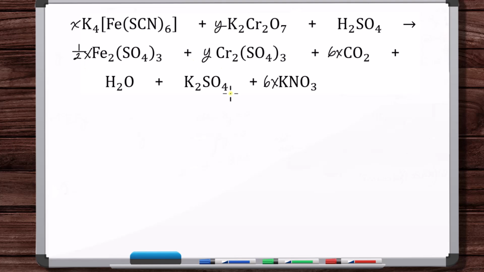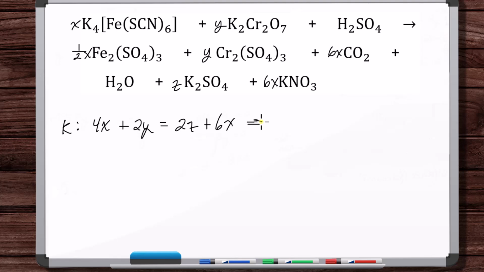If we say this is Z, we can balance the potassiums and solve for Z as a function of X and Y, and then replace this with some X and Y. So let's balance the potassiums. We've got 4X plus 2Y is equal to 2Z plus 6X.